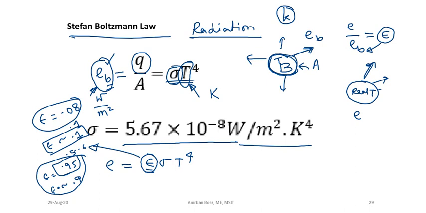So through this calculation, you can find the emissive power or the radiation flux. And if you want the rate of heat transfer by radiation, simply multiply it by area, because radiation flux is the rate of heat transfer divided by area. So if you multiply it by the area, you get the rate of heat transfer.